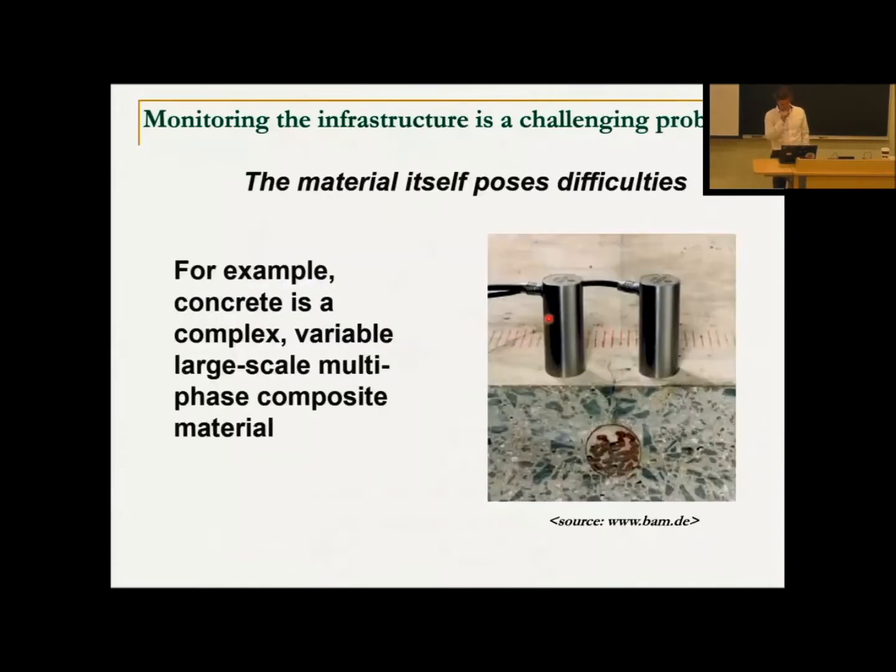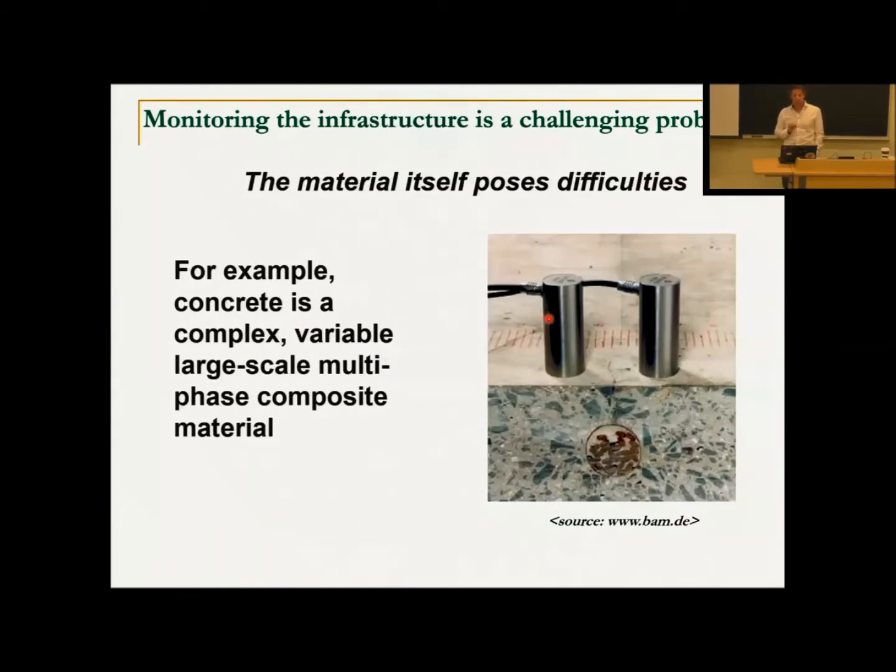And why is that? Because I would say that the infrastructure assessment poses challenges beyond what we've seen in biomedical engineering and other engineering materials. For one thing, the material is very complicated, it's variable, it's inhomogeneous, and that's normal. That's okay. So here we see an example of the cross-section of a post-tension structure. So we have it in concrete.